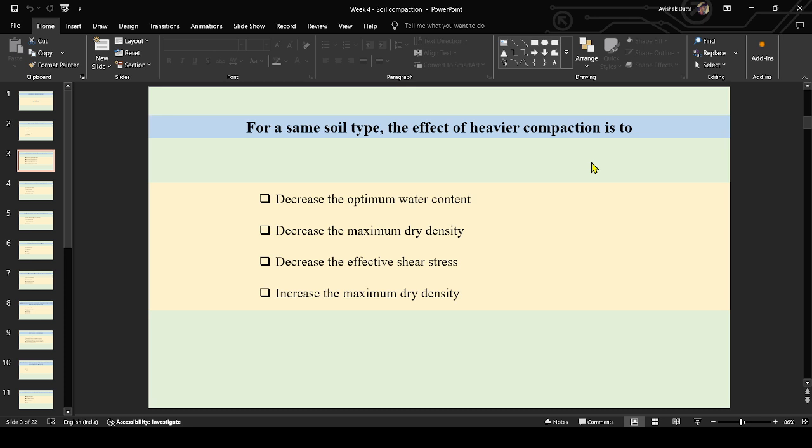Your options are: option 1, decrease the optimum water content. Option 2, decrease the maximum dry density. Option 3, decrease the effective shear stress. Option 4, increase the maximum dry density.